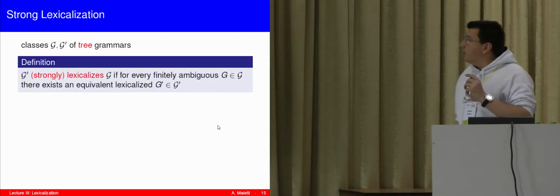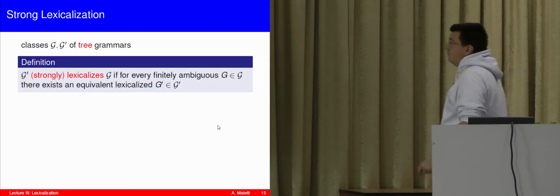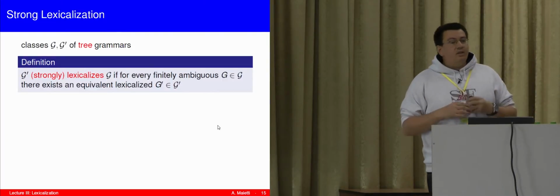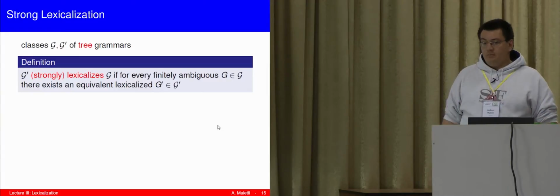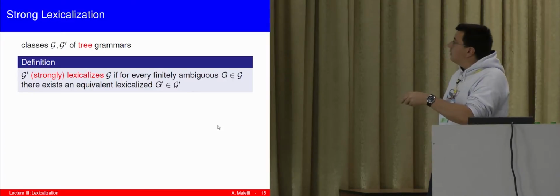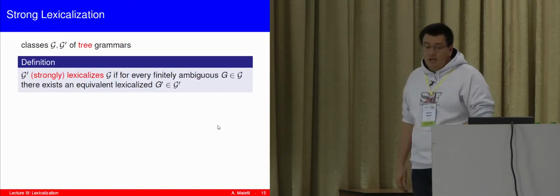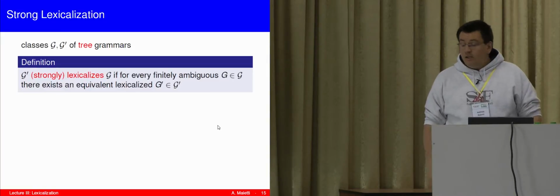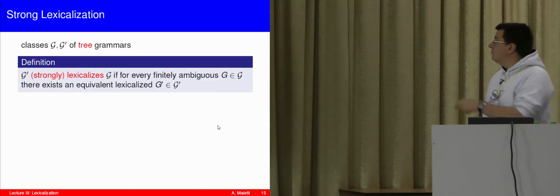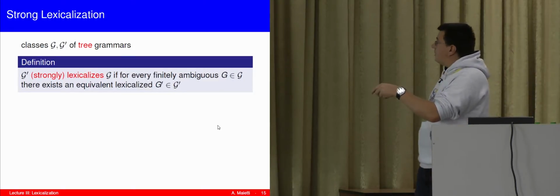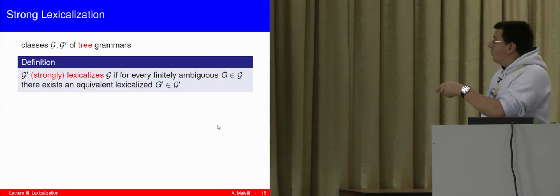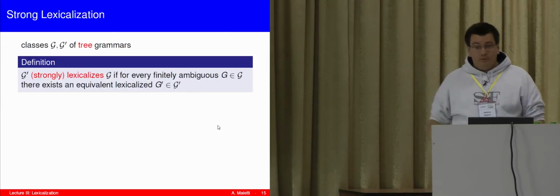Okay, now we go to the main definition for today. And that is the definition of strong lexicalization. And it's actually not different at all. You just look at tree grammars now. So you have two classes of tree grammars, and you say that the class G prime strongly lexicalizes the class calligraphic G if for every finitely ambiguous grammar of the class that is lexicalized, there exists an equivalent one, so same semantics, lexicalized version in this primed class.